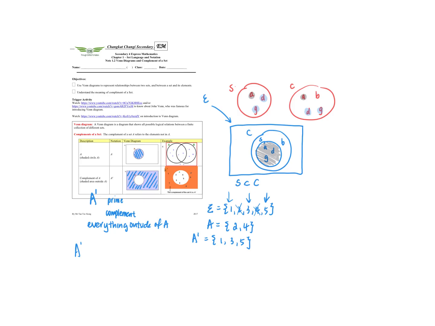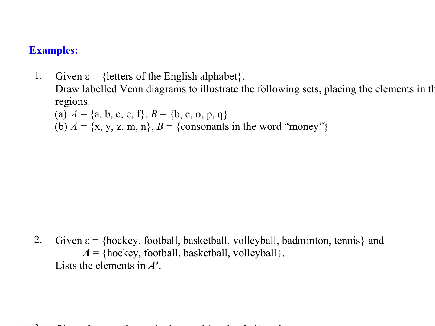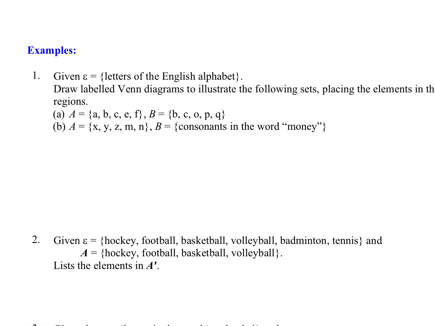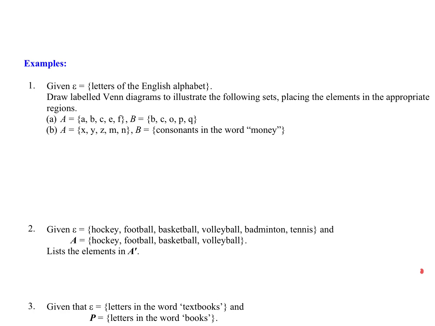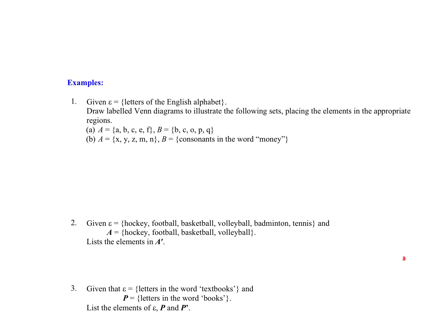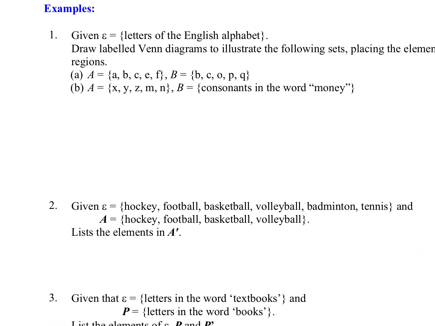Okay, move on. This one. The universal set consists of all the letters in the alphabet. Draw the Venn diagram, placing elements in the appropriate region. So first things first, let's do the sets independently.